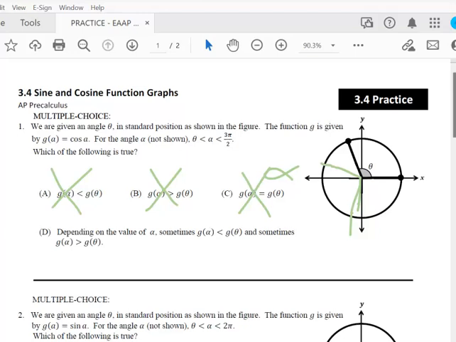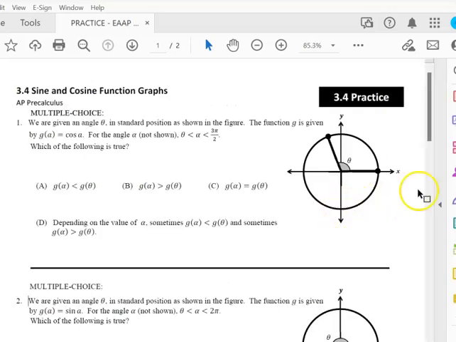Yes, depending on where I draw the terminal side, depending on where I draw that green, and remember, that green I can draw anywhere in here I want to, just as long as it satisfies that. All of these x-coordinates can be bigger or smaller than the theta x-coordinate. So letter D is going to be your best answer choice for that.